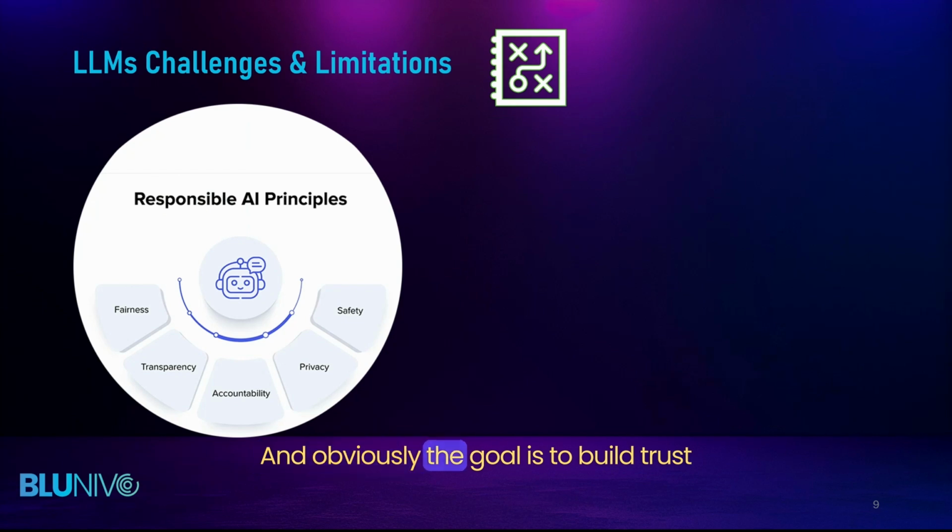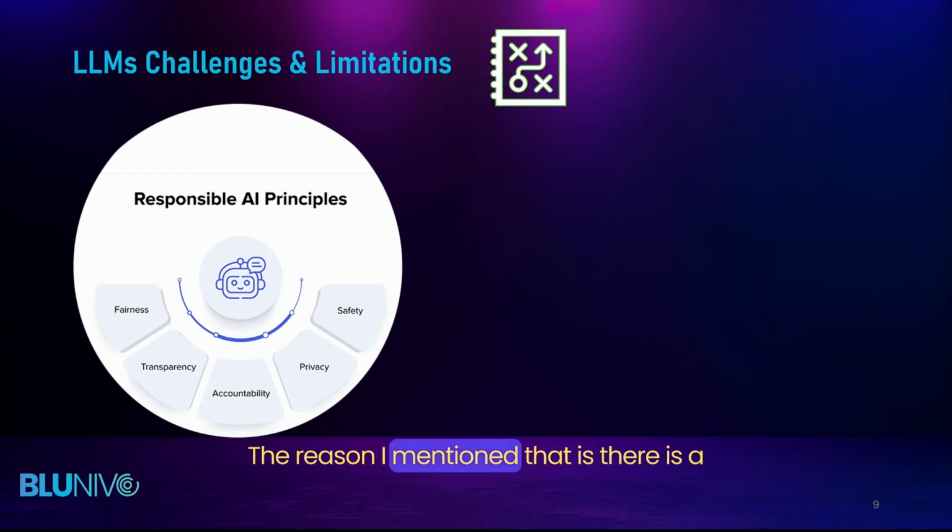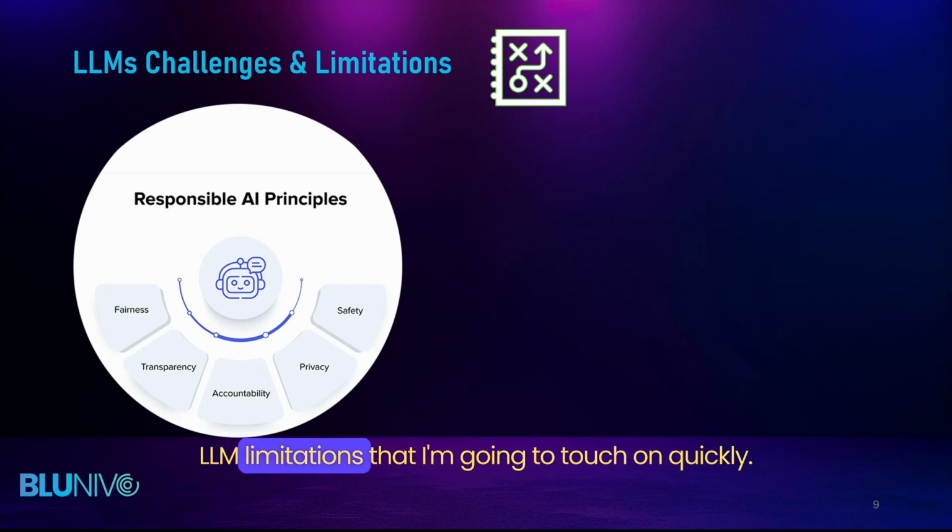And obviously the goal is to build trust in AI by ensuring it aligns with our values and respects human rights and dignity. The reason I mentioned that is there is a bit of overlap between this and some of the LLM limitations that I'm going to touch on quickly.